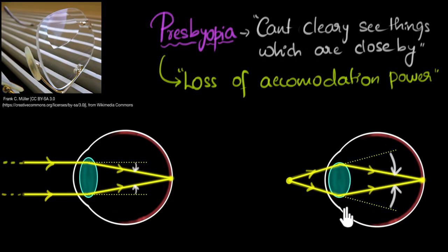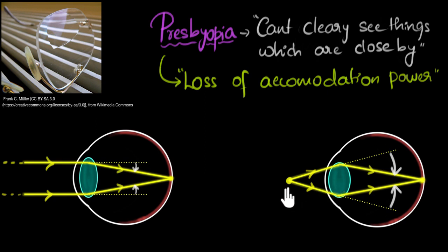Now the lens will not bulge, it's hard to push it, and as a result, the optical power will not increase. And as a result, the rays of light will not bend enough, and so it will not focus on the retina. And that's why, due to this, we will not be able to see things which are close by. So the cause for presbyopia is the loss of accommodation power.